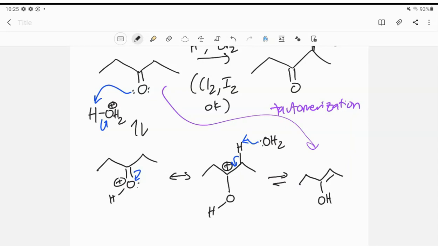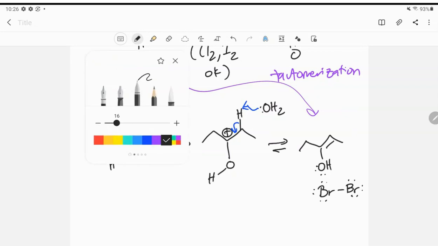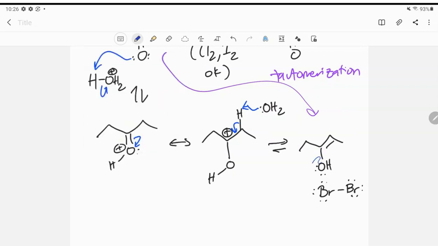And now once we have the enol form, now we can actually react with it, because we're going to see that this thing is going to be nucleophilic. We'll have our halogen of interest. That causes our double bond, the ene part, to go ahead and attack the bromine and kick out the other one.